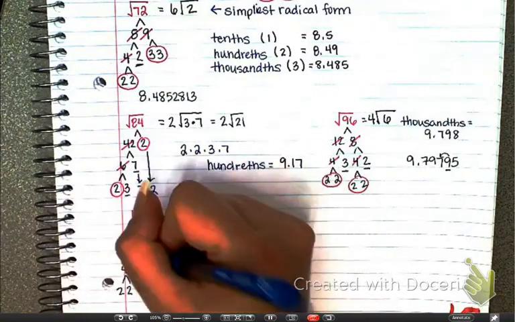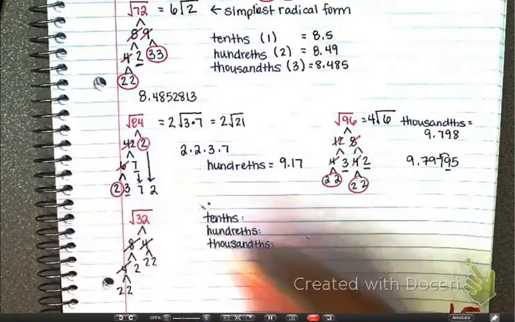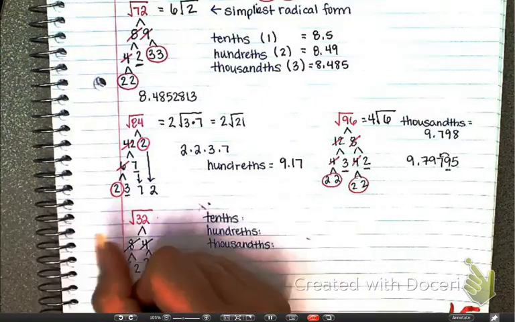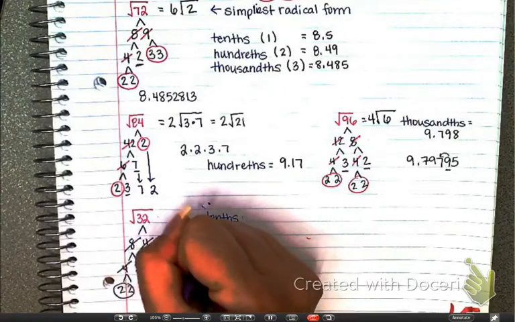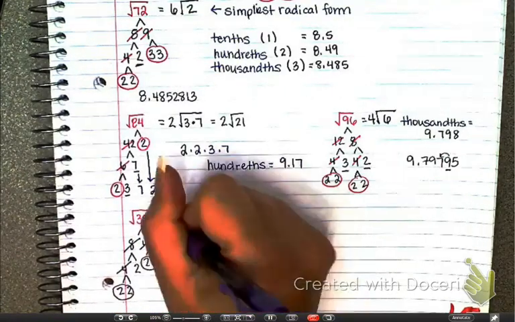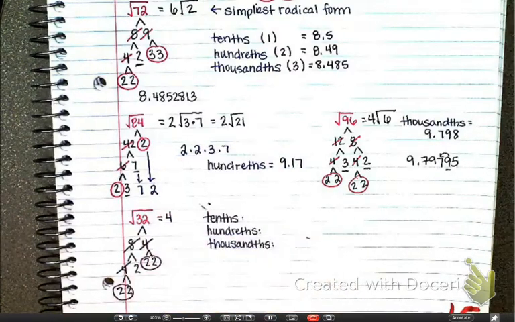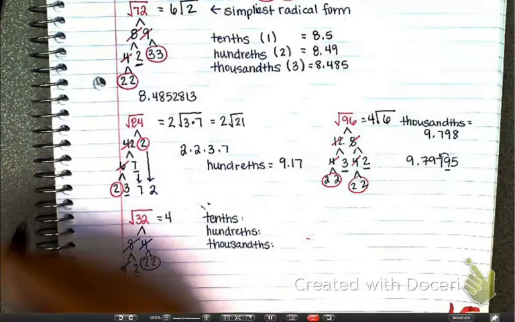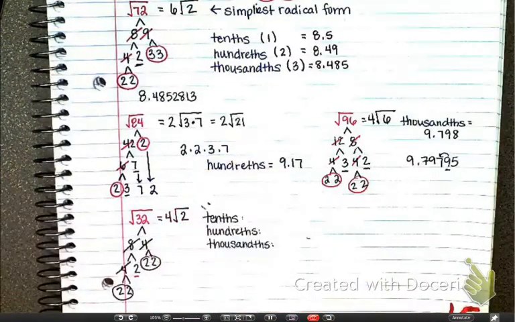So just so we don't reuse them, I'm going to cross out what I broke down. And do we have any pairs? I have a pair of 2s and another pair of 2s. 2 times 2 is 4. Do we have anything left over? A 2. So that 2 stays inside.